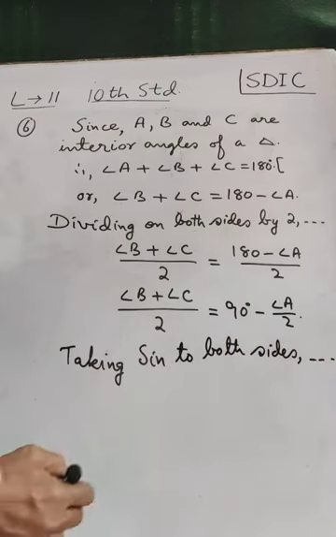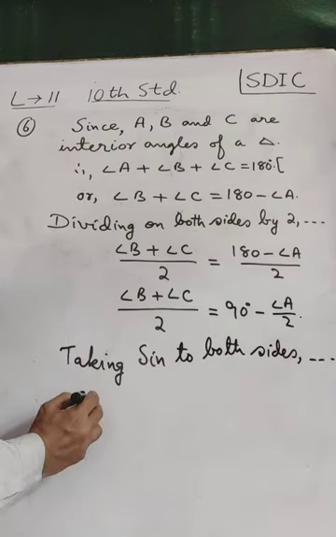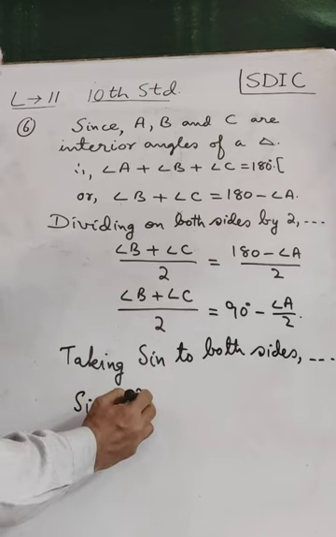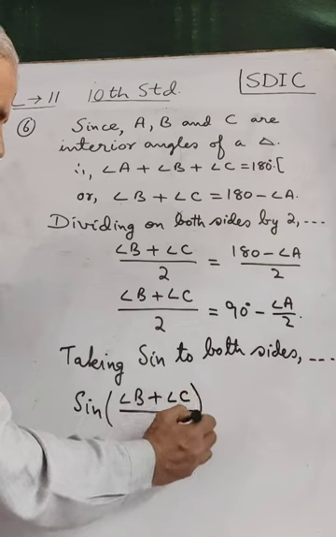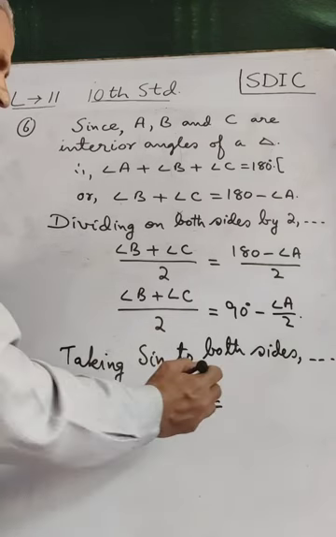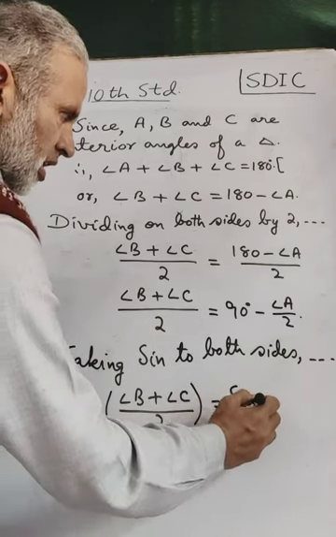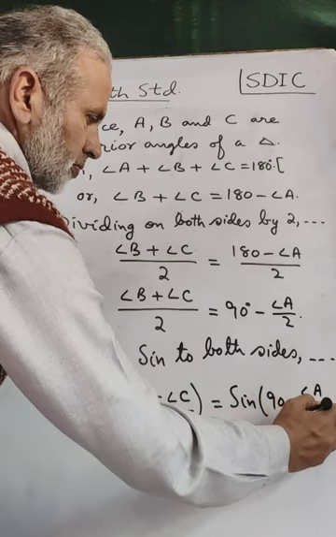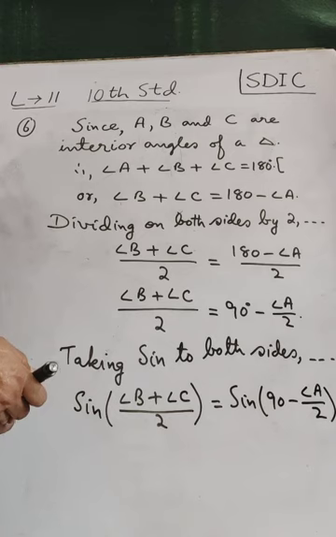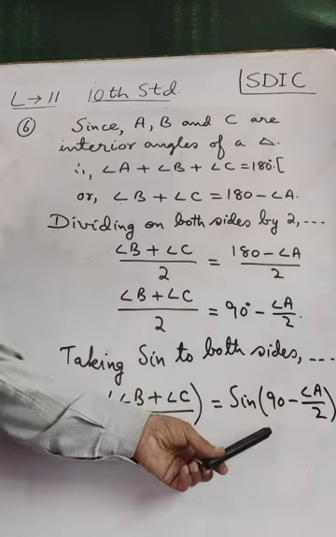We get left hand side will become sine of angle B plus angle C divided by 2. The left hand side is equal to right hand side, which will become sine 90 minus angle A by 2. And here you have to use the complementary relation.